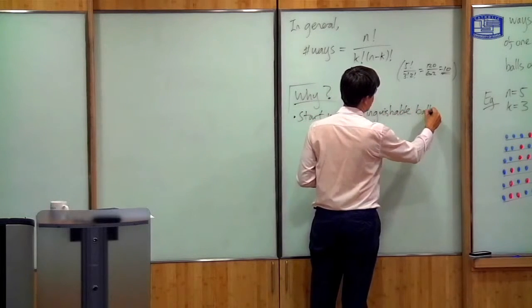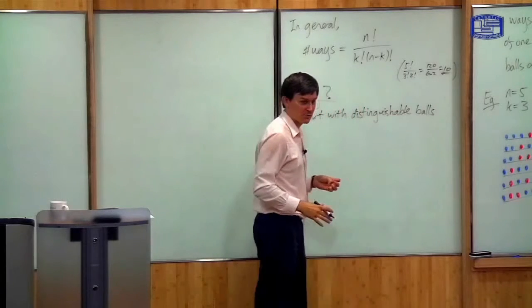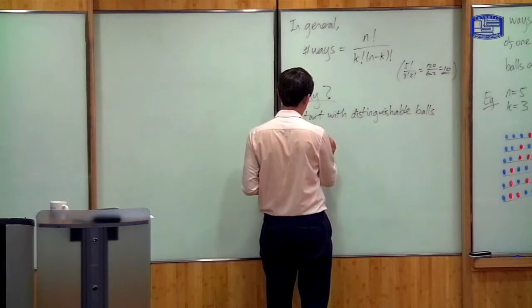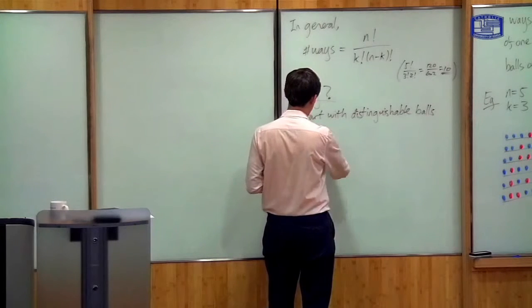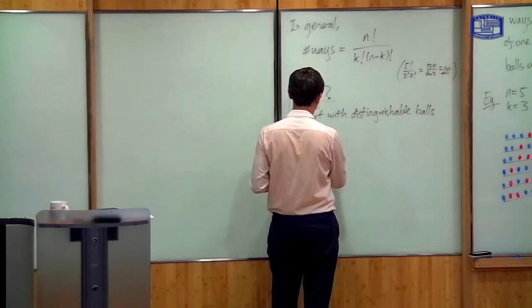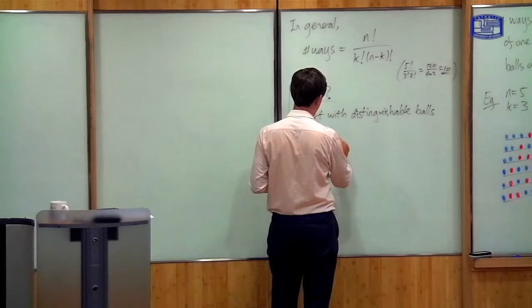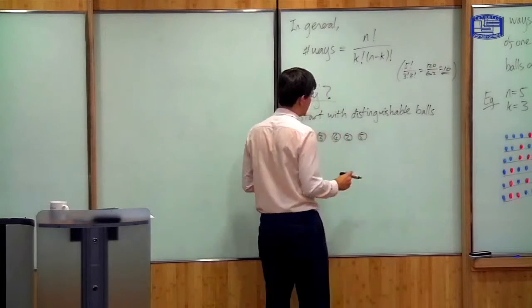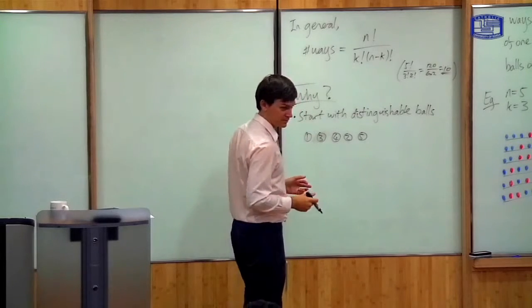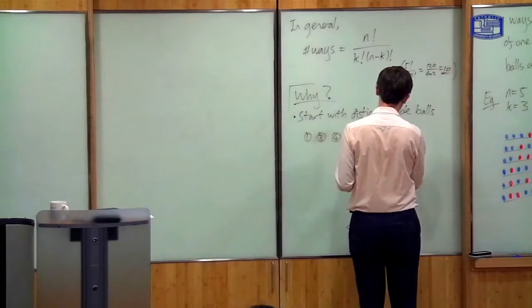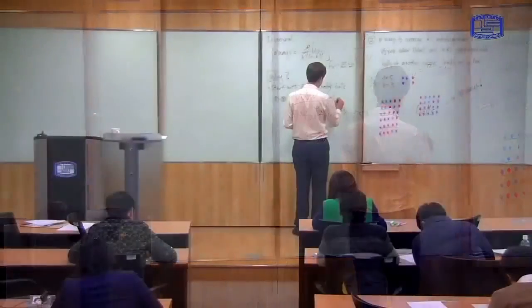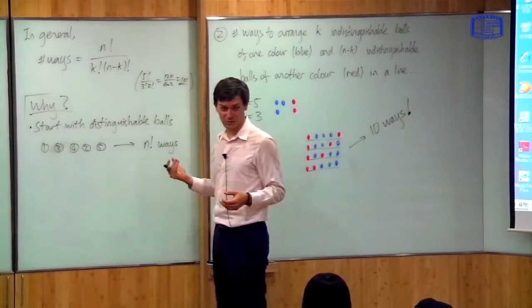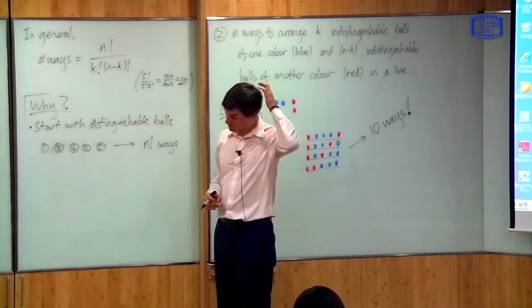So if we start with the case where all of the balls are distinguishable, then we go back to the first case. Okay, so we start with the distinguishables like this, 1, 3, 4, 2, 5, in some order. And we know, in this case, how many ways there are. If they are all distinguishable, then there are n factorial ways.